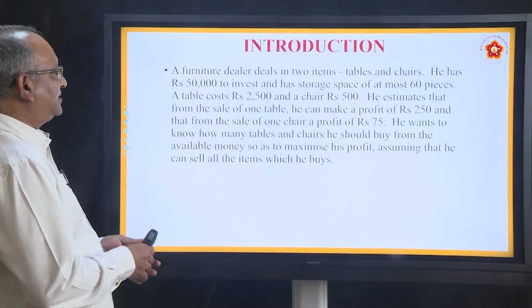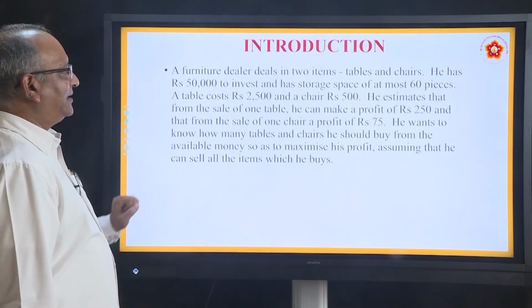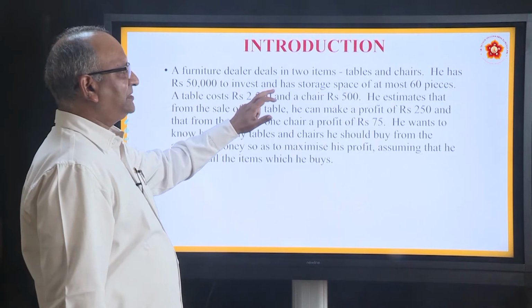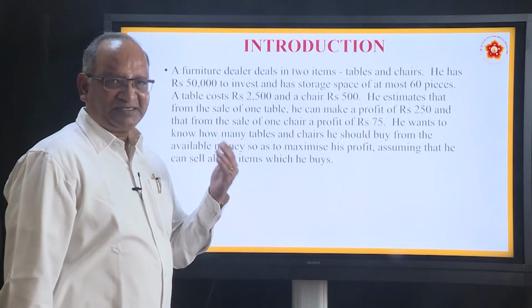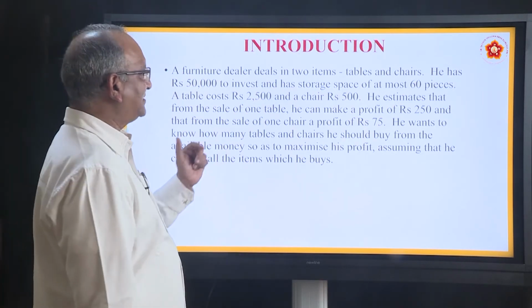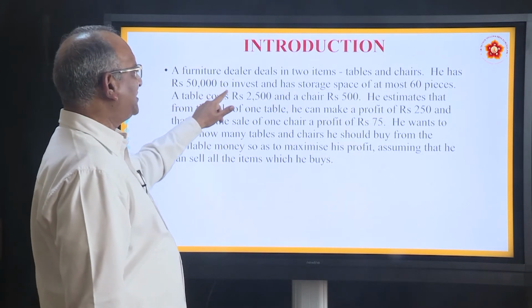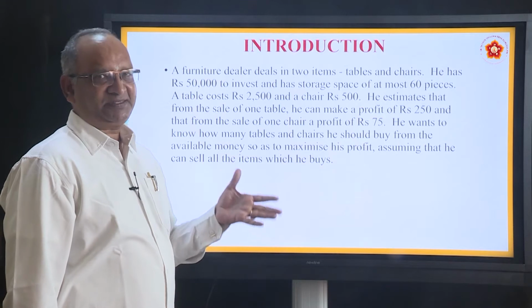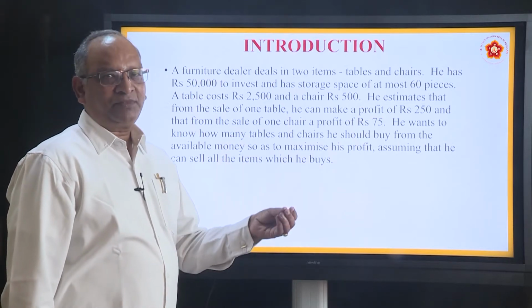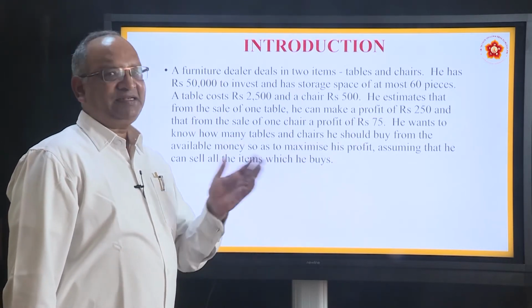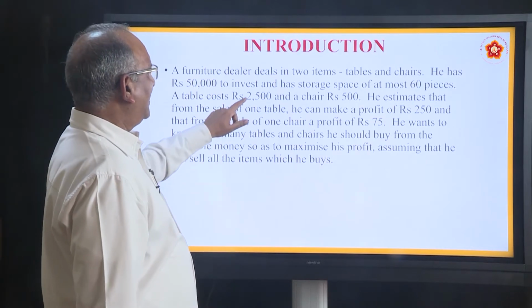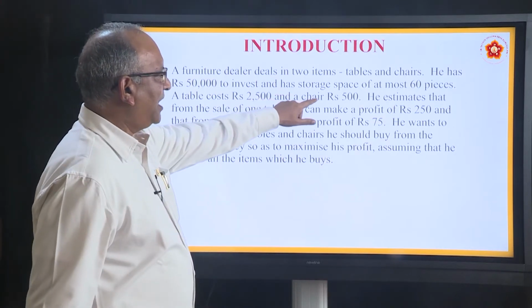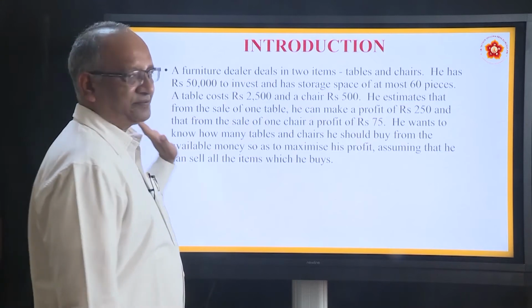Read the question. A furniture dealer deals in two items, tables and chairs. So, he is basically selling tables and chairs. He has 50,000 rupees to invest. He wants to spend 50,000 rupees in the business by buying tables and chairs and then selling them. He has a storage space of at most 60 pieces.